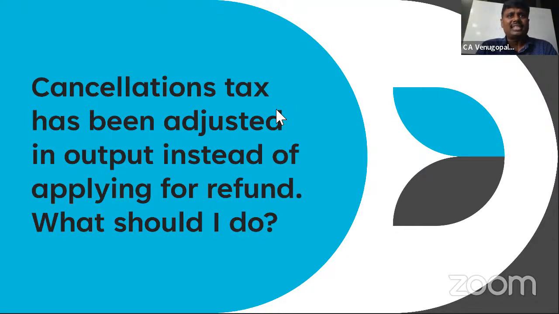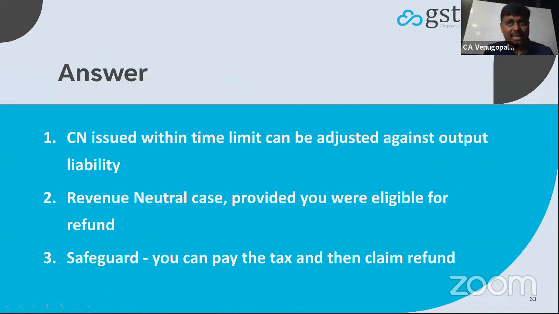So when these adjustments have been done, and in this case, my purchase returns, I have shown it as an output adjustment instead of taking the ITC reversal or vice versa. So first and foremost, credit notes have to be issued within the time limit. Even though these are revenue neutral, where output tax liability and input tax credit, you have to always report it into the right head. And it would become revenue neutral only if you are 100% eligible.